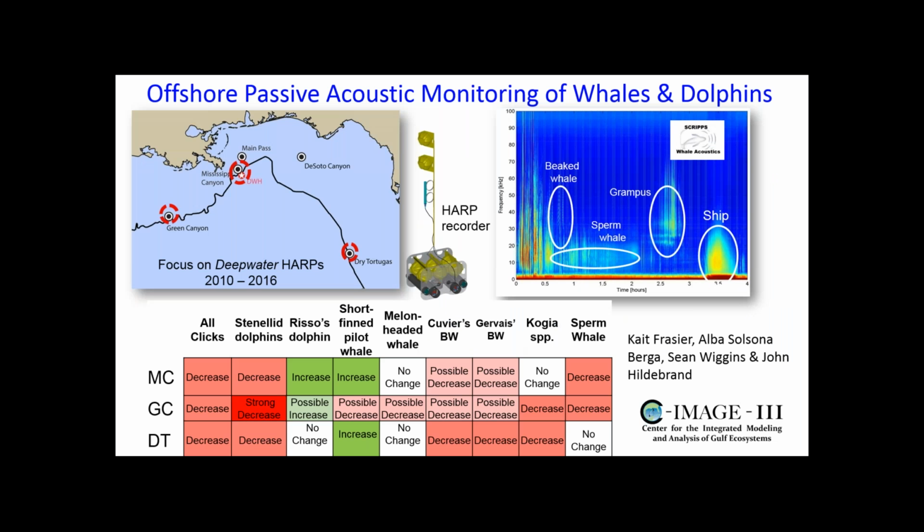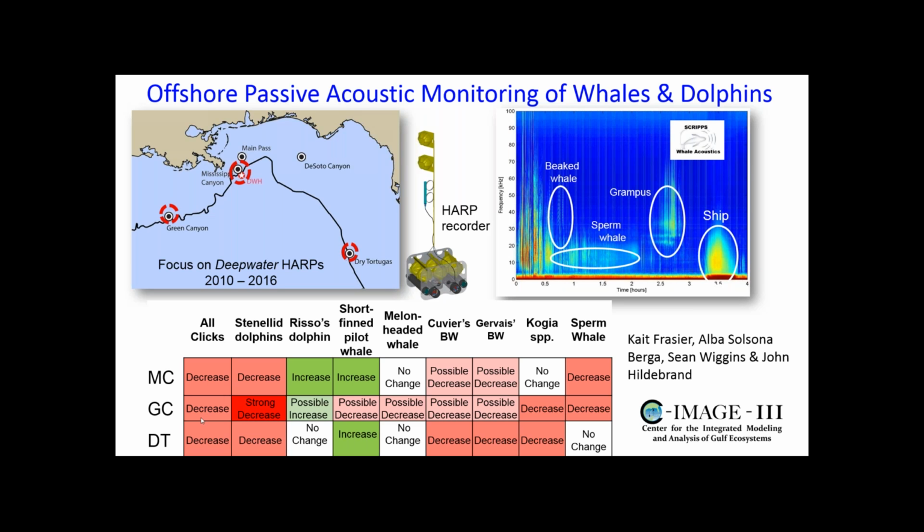One of the sets of impacted populations are the marine mammals. For example, there's been quite a bit of offshore passive acoustic monitoring of whales and dolphins. These are three areas that have had these HARP recorders on consistently since 2010: Green Canyon, Mississippi Canyon near Deepwater Horizon, and the Dry Tortugas as an outer area.